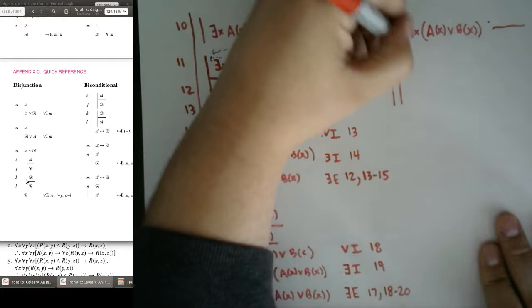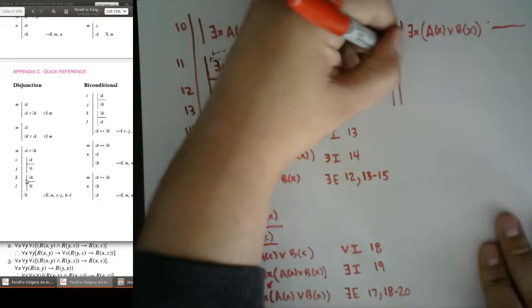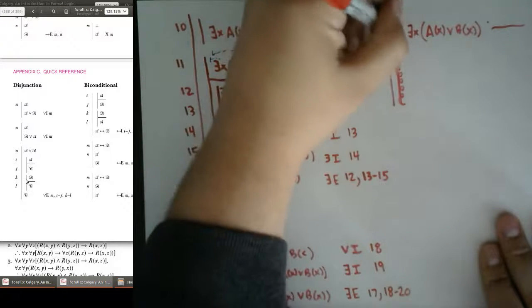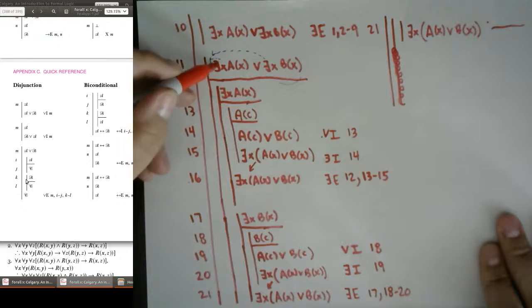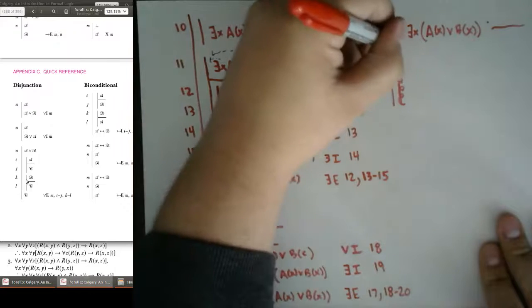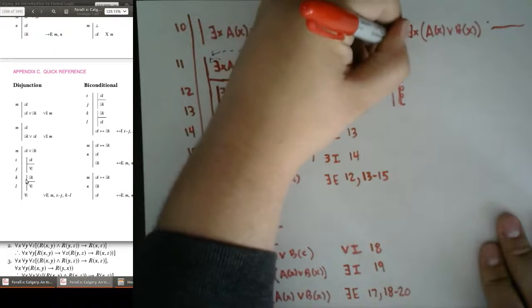So therefore, we can end the subproof that starts here. So I shouldn't have drawn this line. So I'm ending the subproof. Wait a minute. Assuming this, I did the OR. Oh, I'm still in the subproof. Okay. So let's just get rid of that line and continue this down.